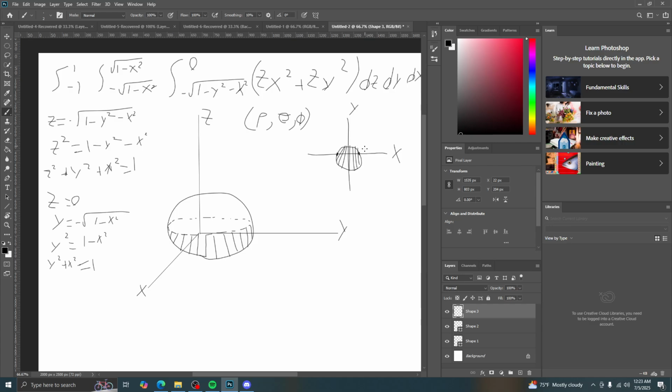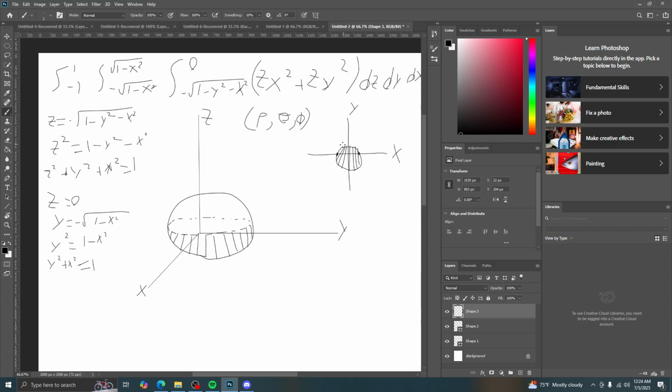So now we understand the whole circle is being used. Theta, you remember, is the horizontal rotation, like the rotation through the xy axis. So it's basically saying how many degrees through the xy axis are being used.